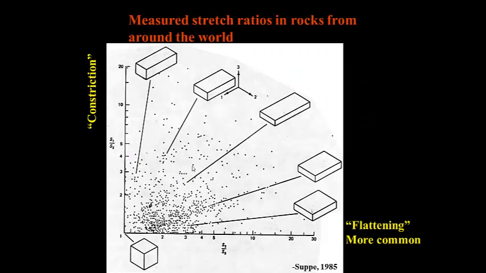Why that's interesting is that you can take many, many rocks from around the world. In this study, what they did was measure lots of deformed rocks and compare. Let's say here in the lower left would be an undeformed rock, something that's still a cube. But if you go up the vertical axis, this is a case where the maximum stretch divided by the intermediate stretch is large.